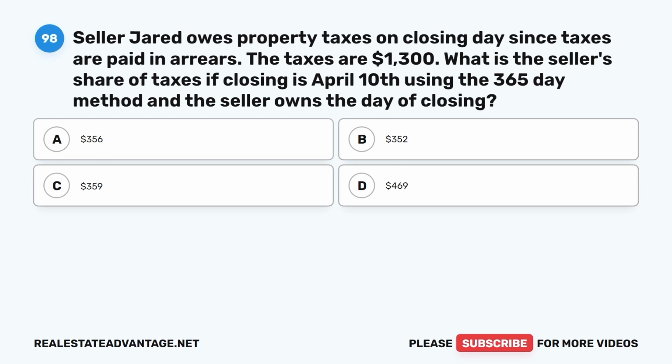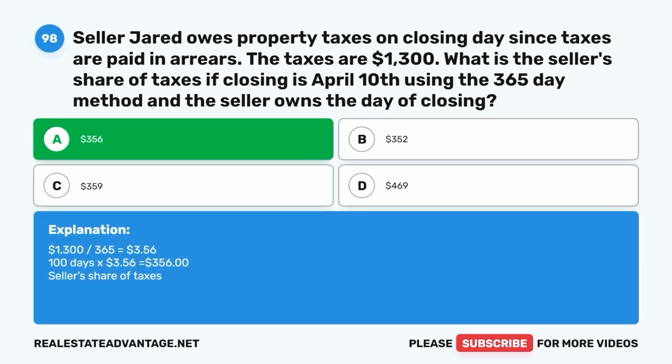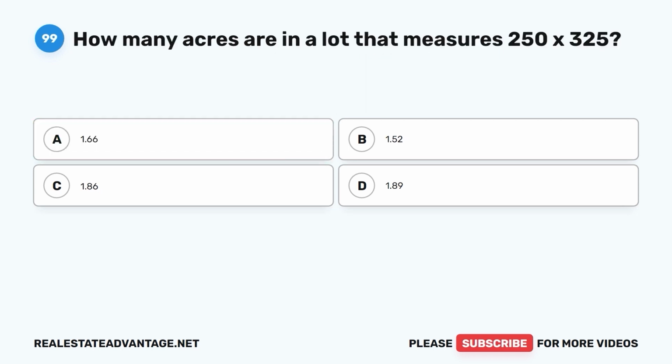D. $469. The correct answer is A. $356. $1,300 divided by 365 equals $3.56. 100 days times $3.56 equals $356. Seller share of taxes.